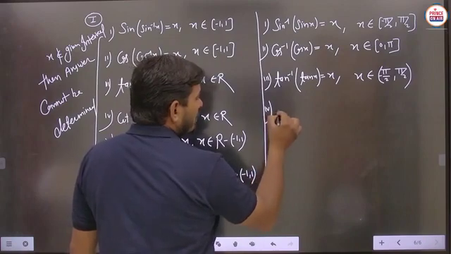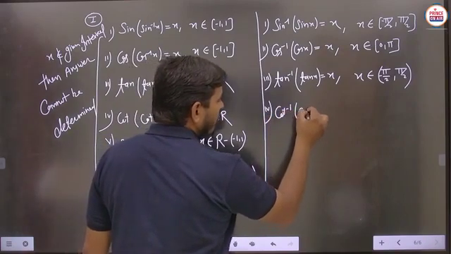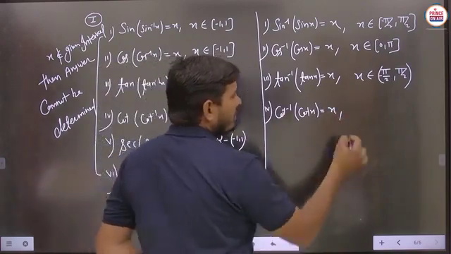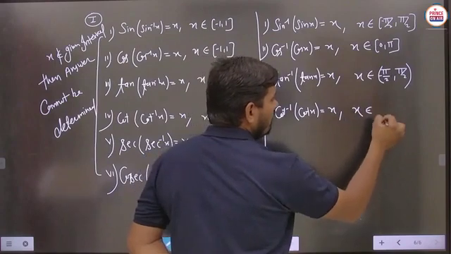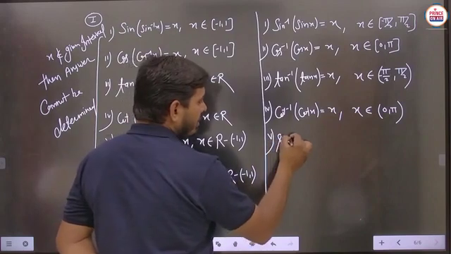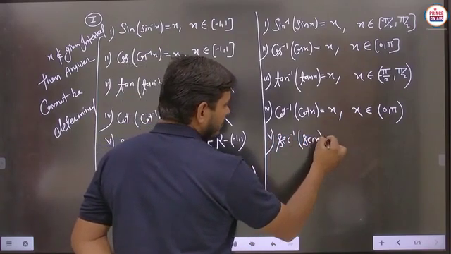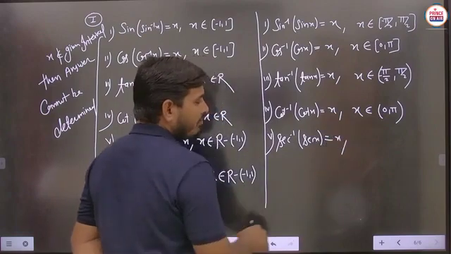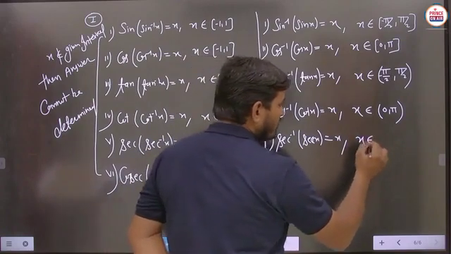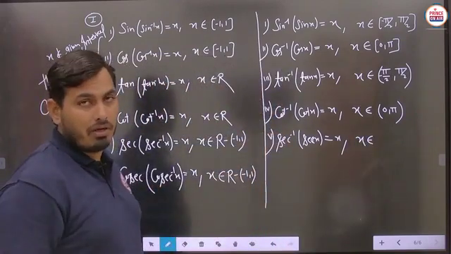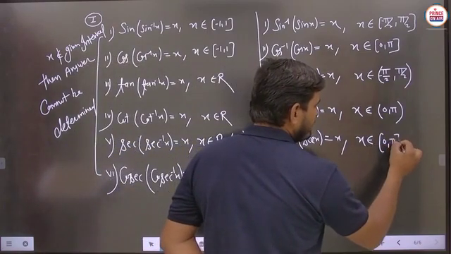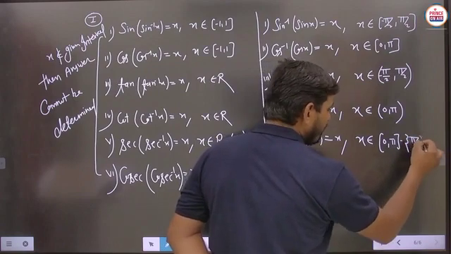In the fourth part, cot inverse of cot x will be taken as x, then definitely this particular x belongs to the open interval 0 to pi. Fifth part, we are saying that sec inverse of sec x will be taken as x if this particular x belongs to, now you can remember the principal value of sec inverse, 0 to pi except pi by 2.